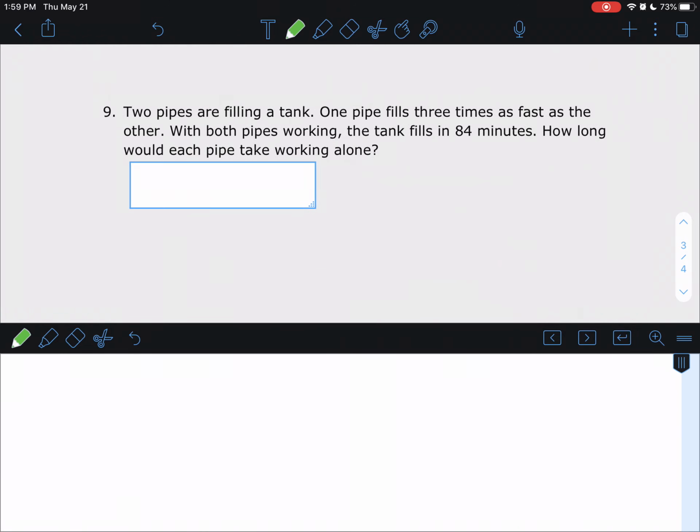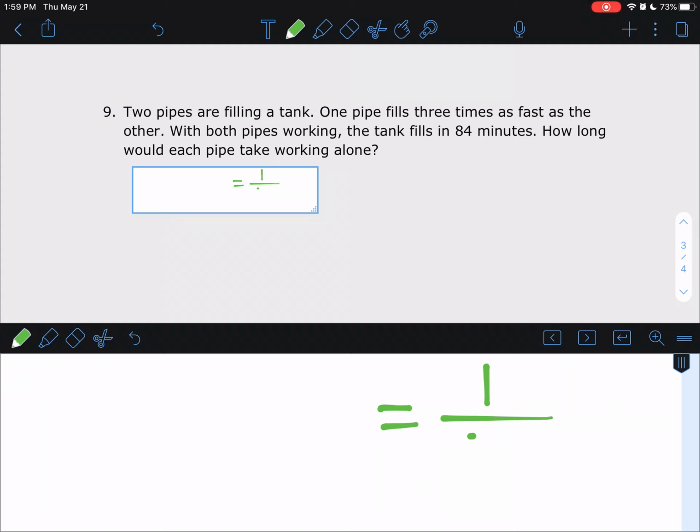And then number 9 here, 2 pipes are filling a tank. 1 pipe fills 3 times as fast as the other. With both pipes working, the tank fills in 84 minutes. So with both of them working, we can fill 1 tank in 84 minutes. It's saying how long would it take each pipe working alone.